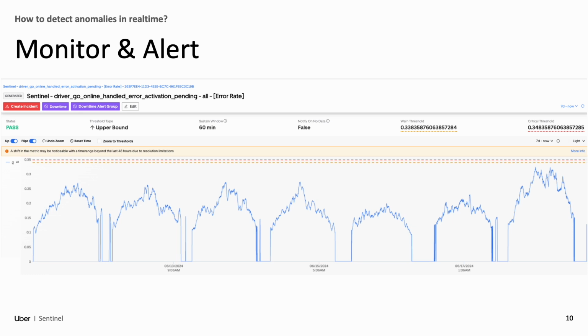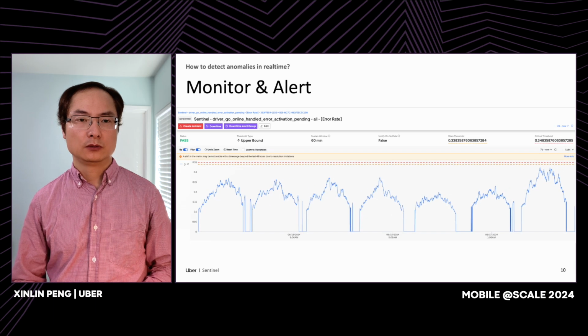We can calculate conversion rate on the fly with M3 and also get historical data for the threshold prediction. Similarly, Pinot is also a real-time analytics data store which can be used for this purpose. Umonitor, which is an alerting engine for Uber, is also integrated with M3 and Pinot. And given the conversion rate and the threshold, it can detect and notify of anomalies in real time.